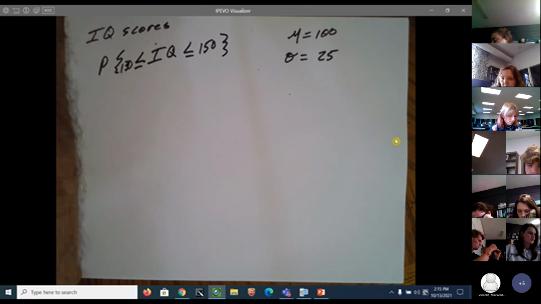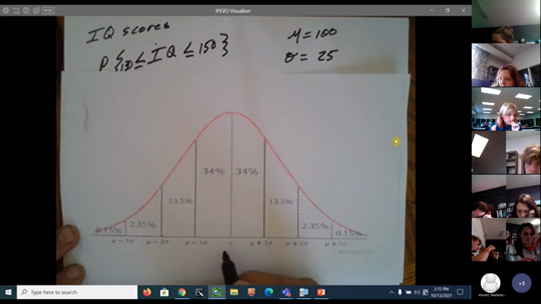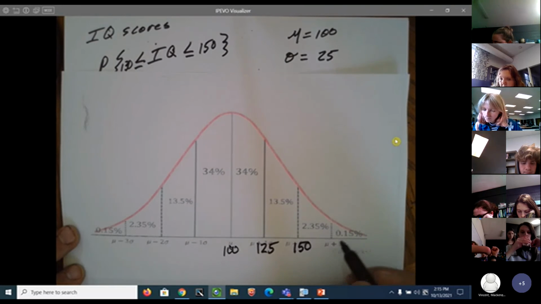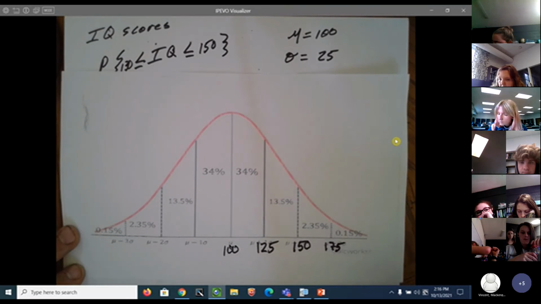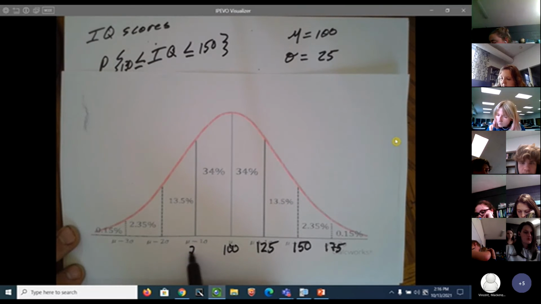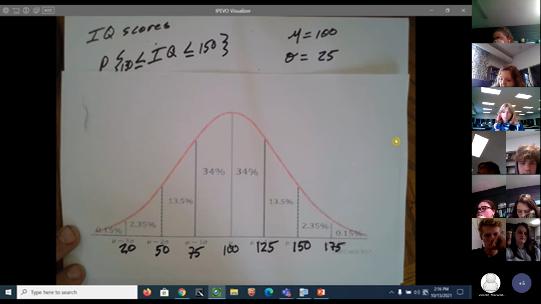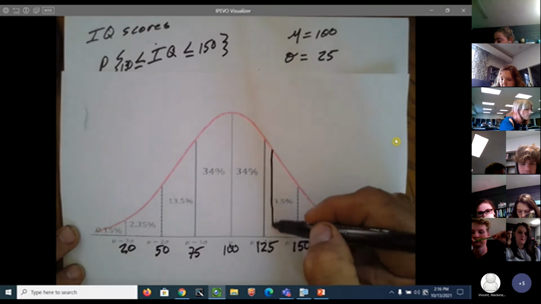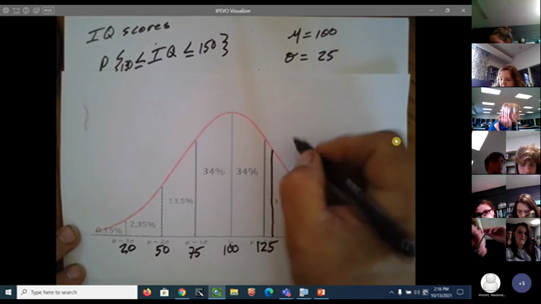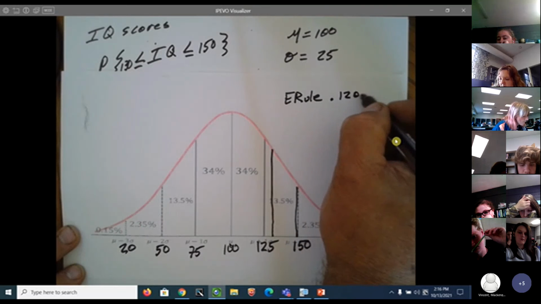So that means we got to pull out our handy dandy curve. That's going to be 100, 125, 150, 175, and subtracting, 75, 50, and 25. And we want to know between 130 and 150. By the empirical rule, it's going to be around 0.1200.